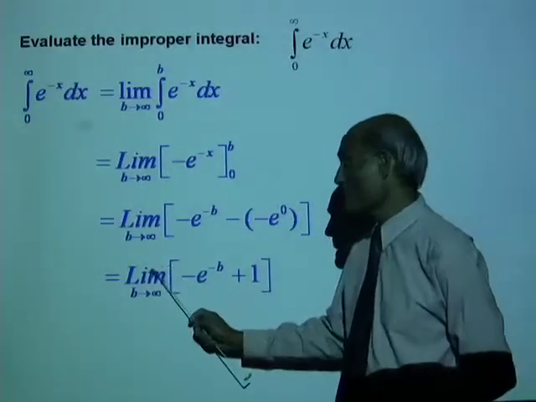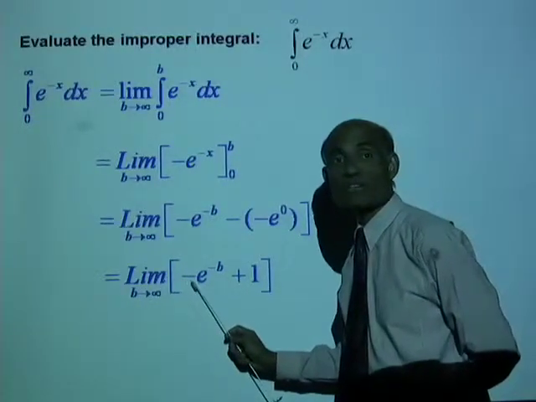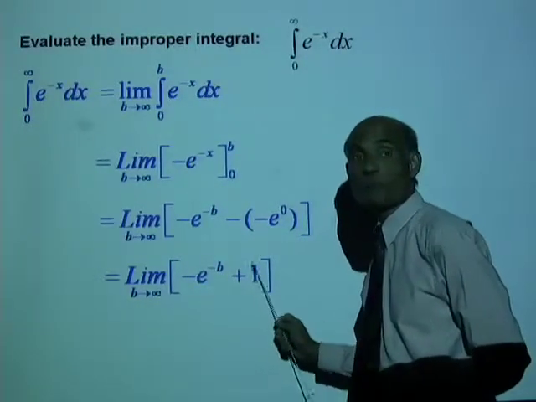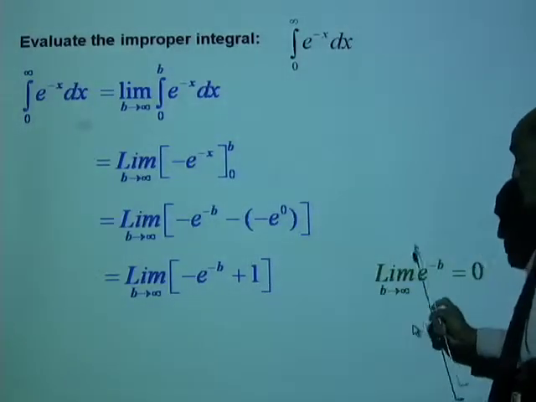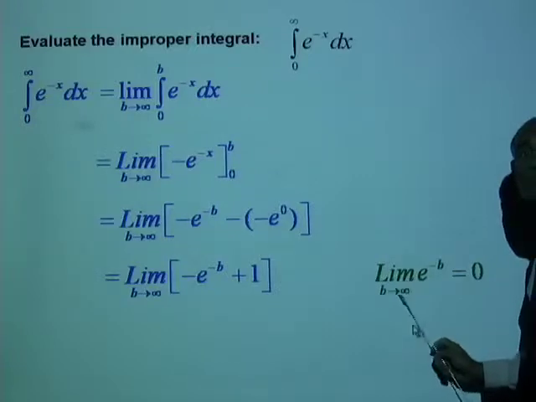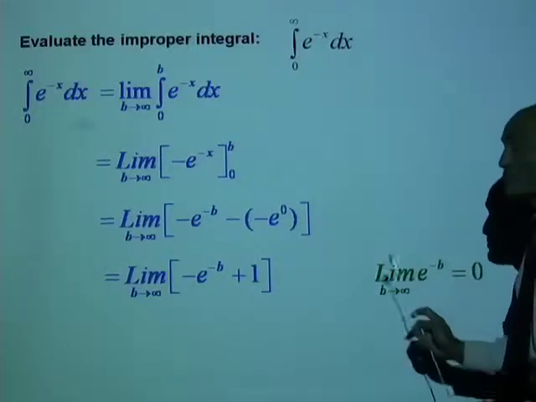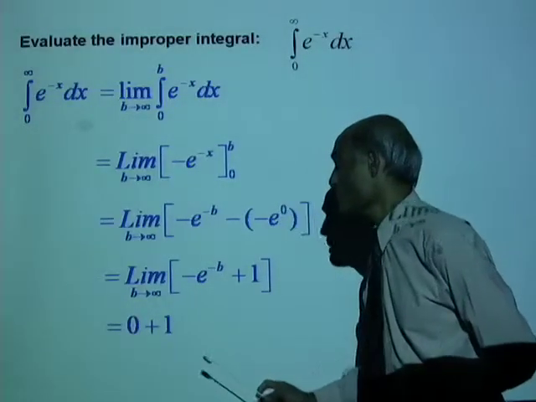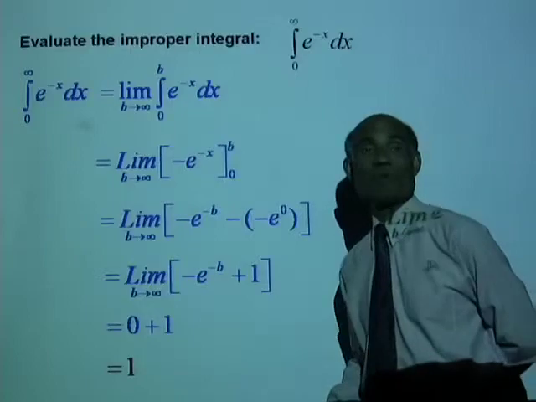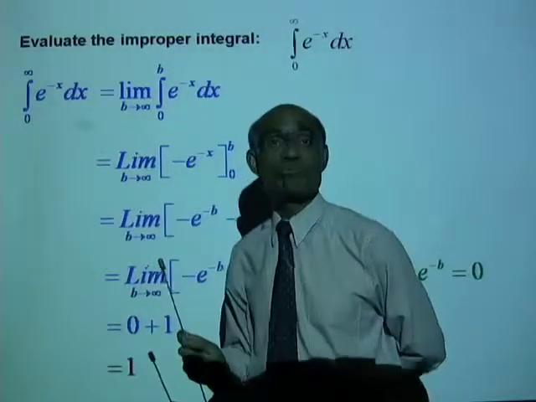So that will be limit b approaches infinity, negative e to the power of negative b plus 1. And you know this already. Limit b approaches infinity, e to the power of negative b is 0. So the value of this will be 0 plus 1. That's equal to 1. The value of this improper integral is 1.